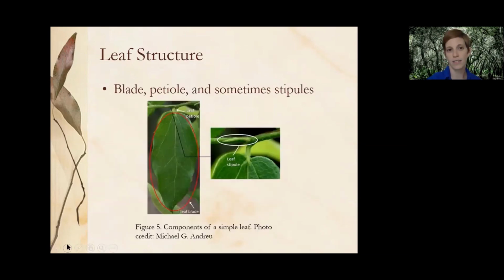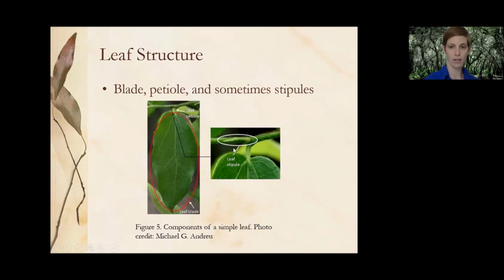So next up is leaf structure. We're just going to be talking about some terminology here that I'll be using as we talk about the other parts of the leaf. What we would refer to as the leaf is called the leaf blade. And then the leaf stem, if you will, is called the petiole. That connects the leaf blade to the twig.